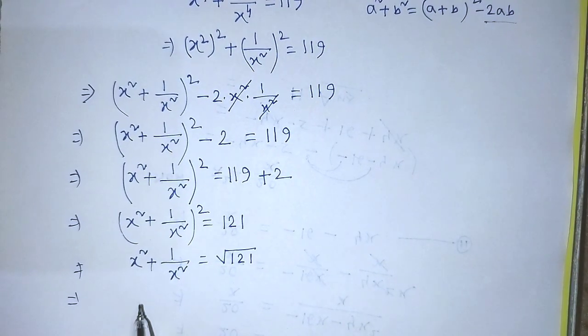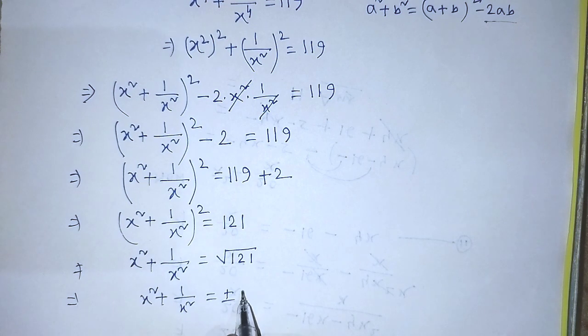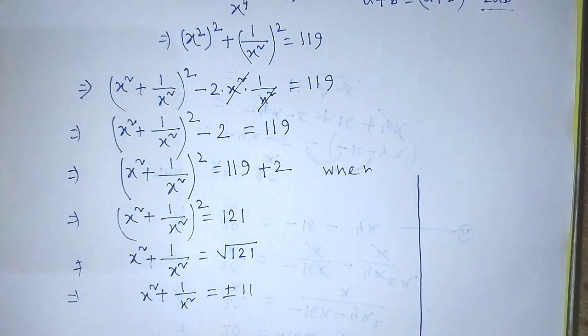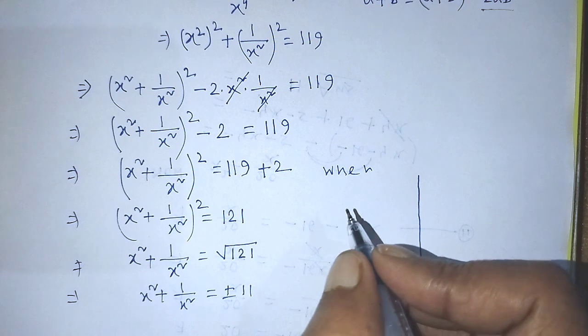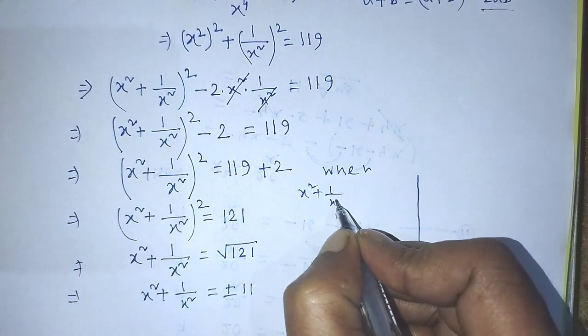So after that we can write x square plus 1 over x square is equal to plus minus 11.